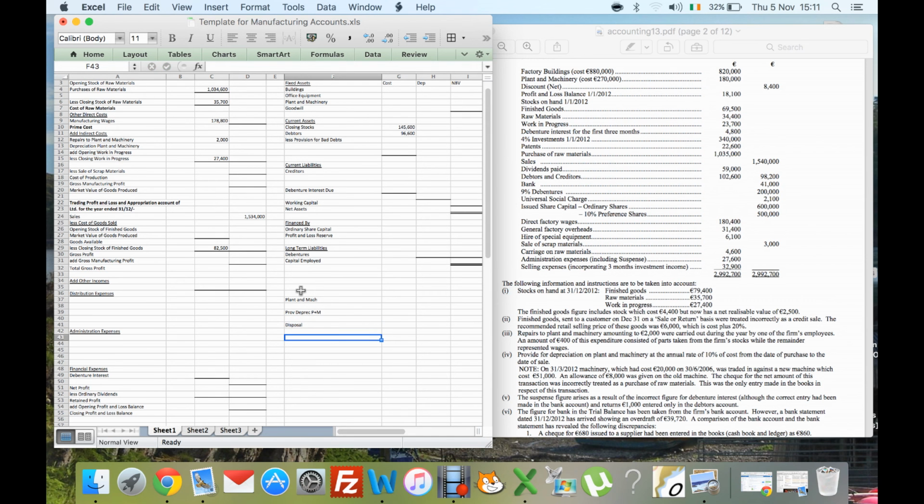And then I'll need to work out my depreciation expense. Okay, and that depreciation expense is depreciation, plant and machinery, which is going to go up here in my trading account.